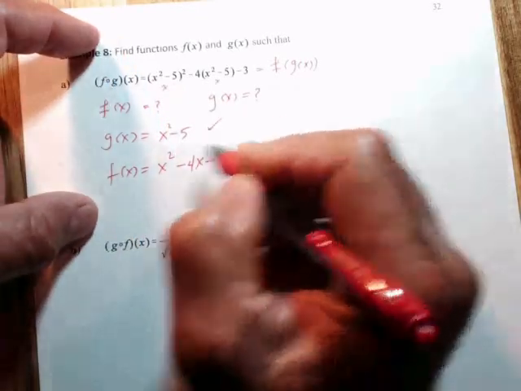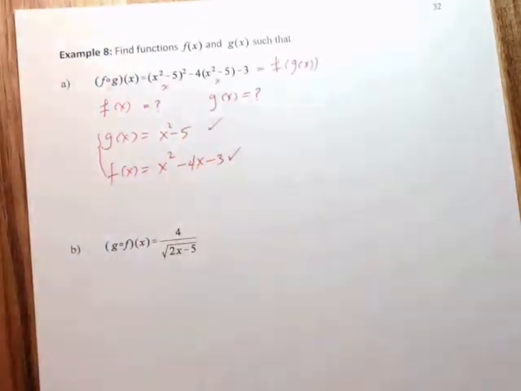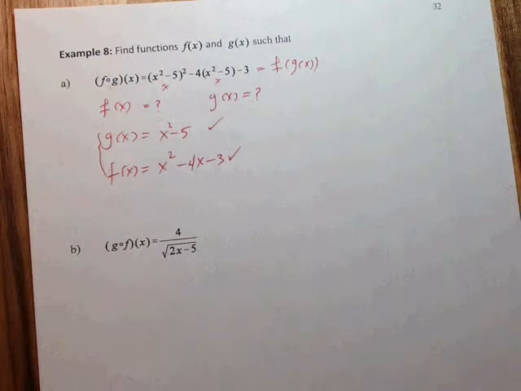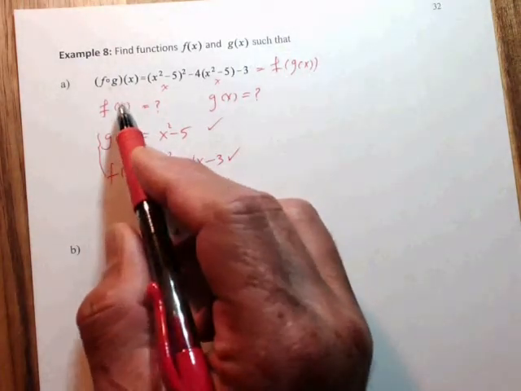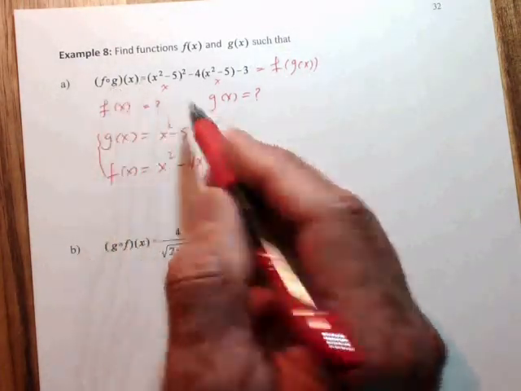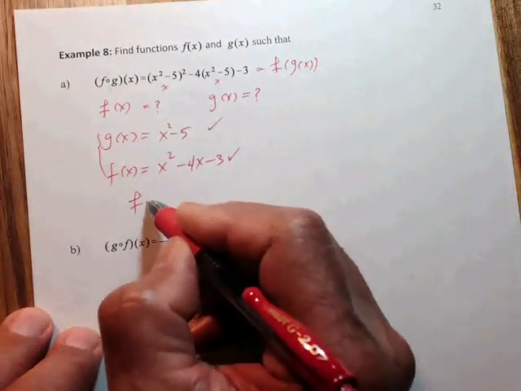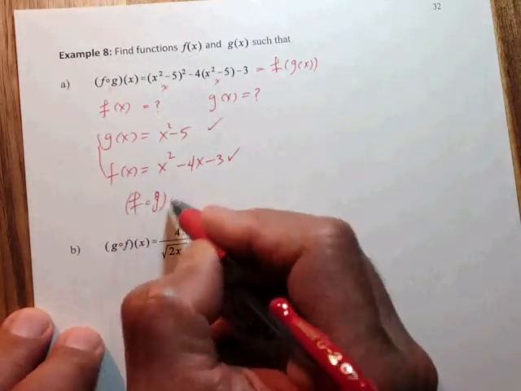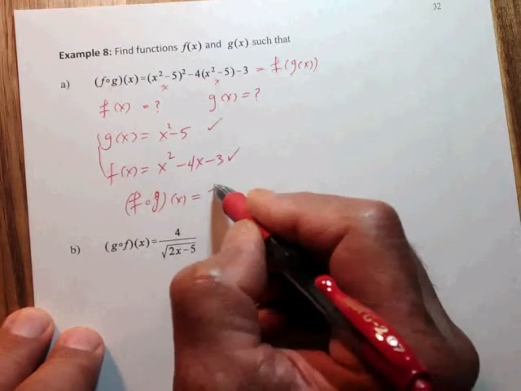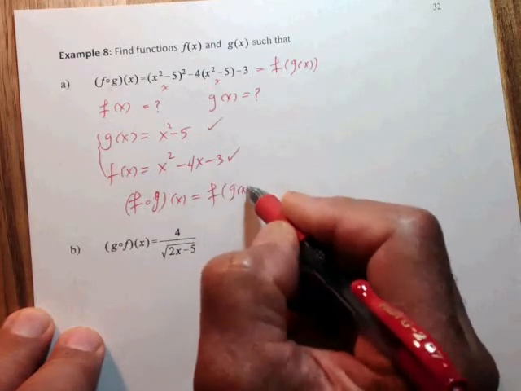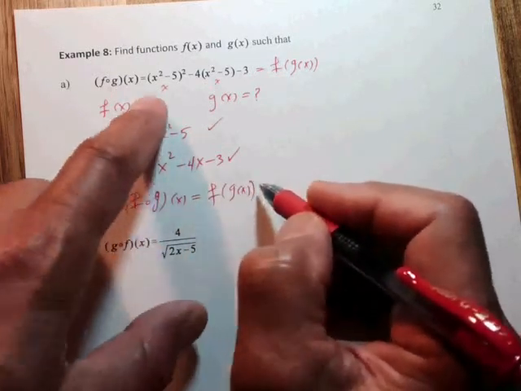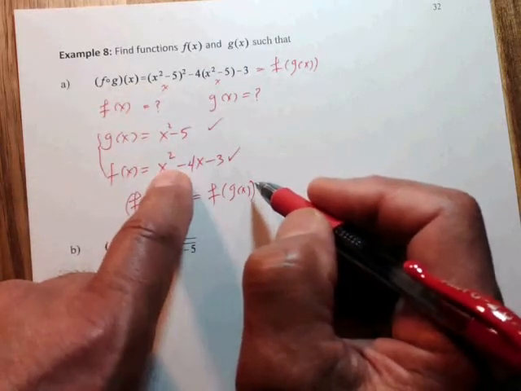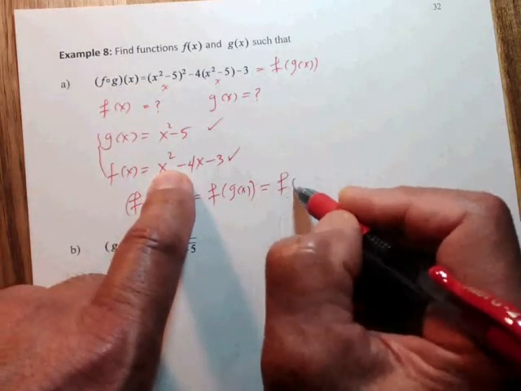These are the f and g I'm looking for, because if I do f circle g, I get the same thing back. You see, f circle g of x is f of g of x. That means in f, which is this function here, this is f of g.